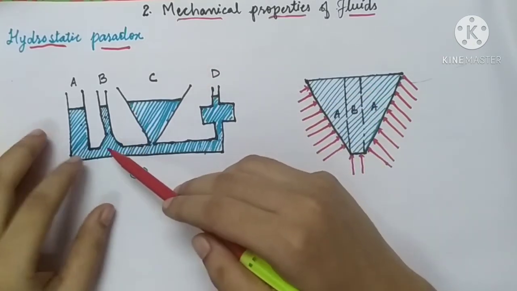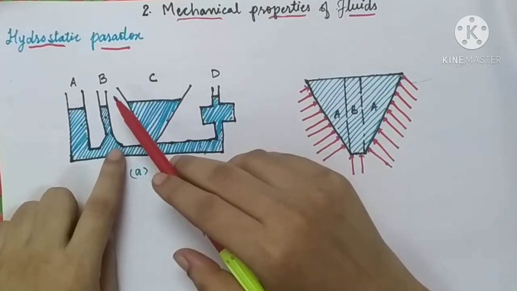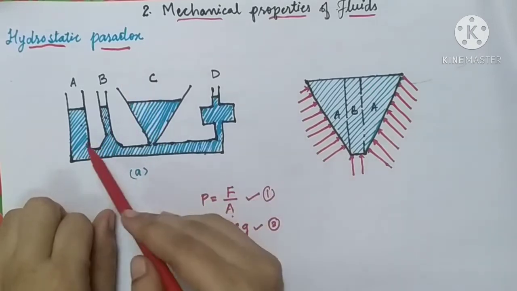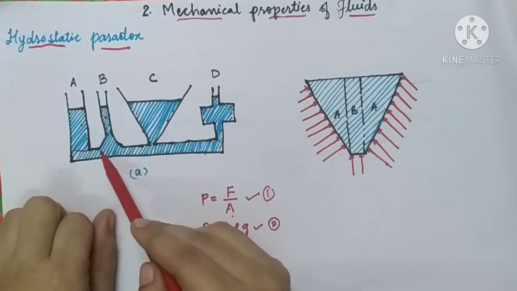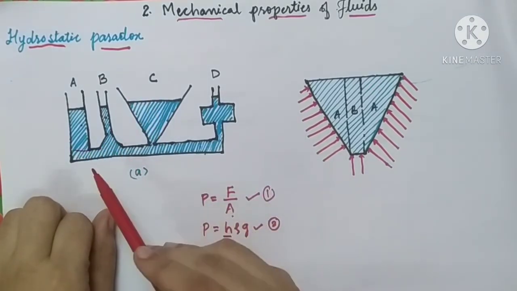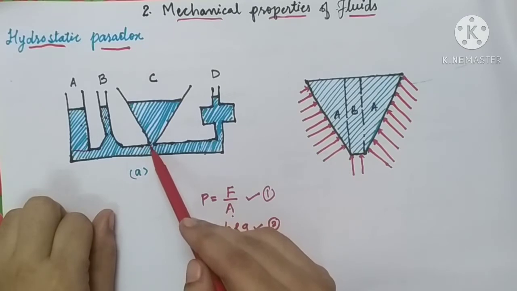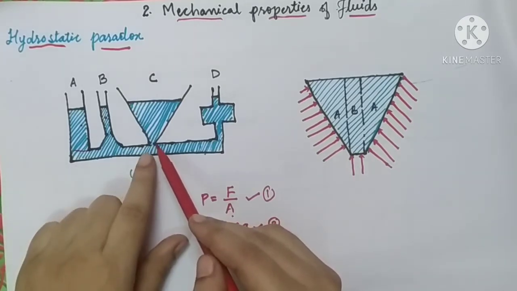Now just see the base area of these containers. Base area of container A is this. Base area of container B is this. Base area of containers C and D is very small.